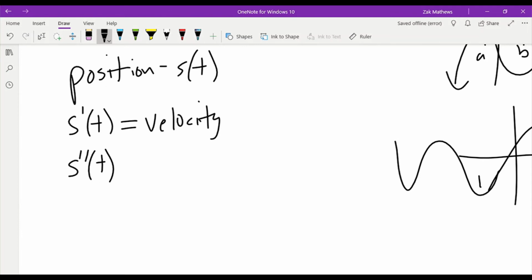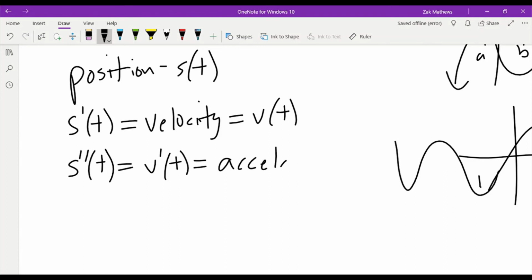Velocity we tend to label with v of t. The second derivative of position, which is the derivative of velocity, that actually gives us acceleration. And that should make sense too, because if we look at how velocity is changing, how quickly or slowly our speed is changing, well, that depends on, are we accelerating, are we decelerating, are we pressing the gas pedal, or are we pressing the brake, or we could be staying the same.